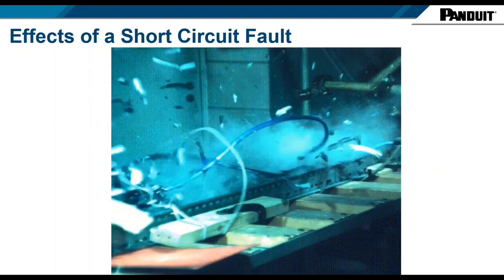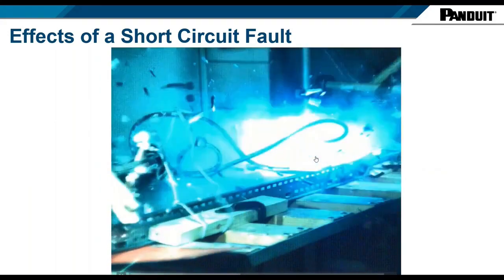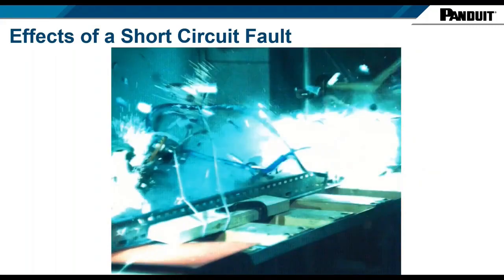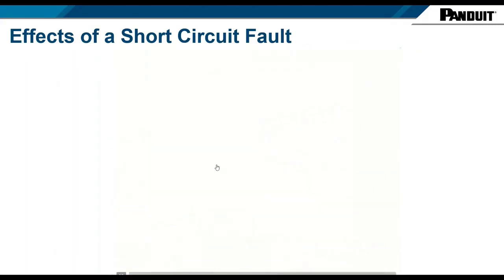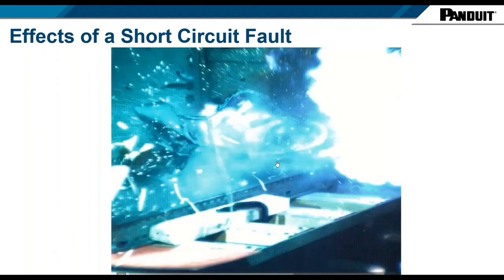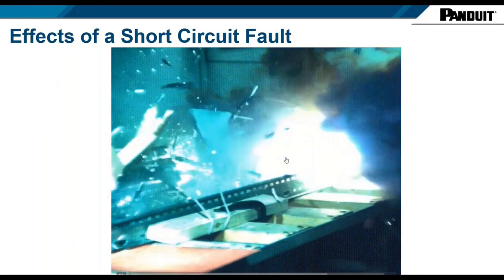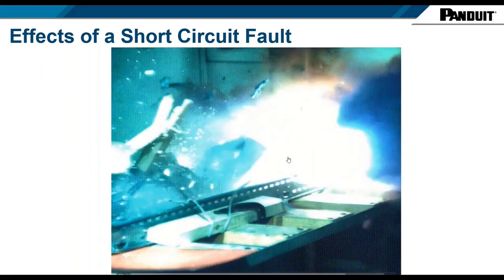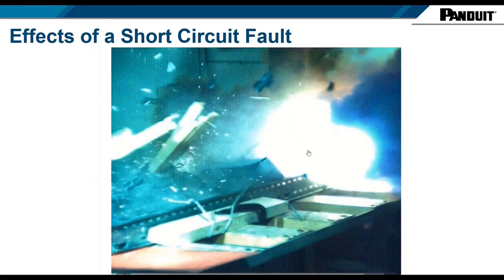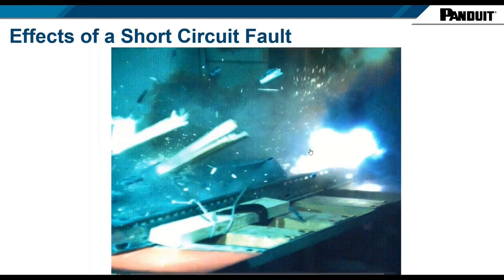So there's a perception that the jacket of the cable, and even more when you've got the armor in the jacket, will protect the conductors in the event of a fault. This is untrue. The jacket serves no protection at all. It's there purely to keep the conductors together, to make it as one cable.